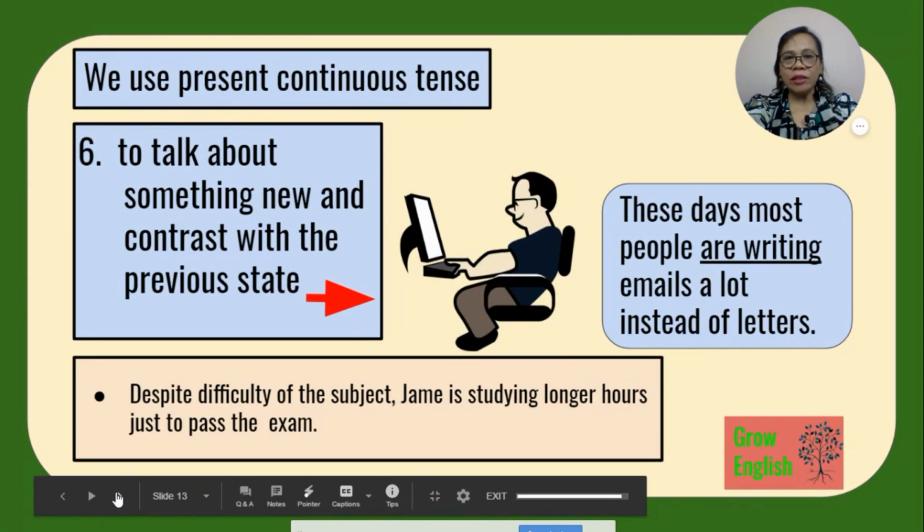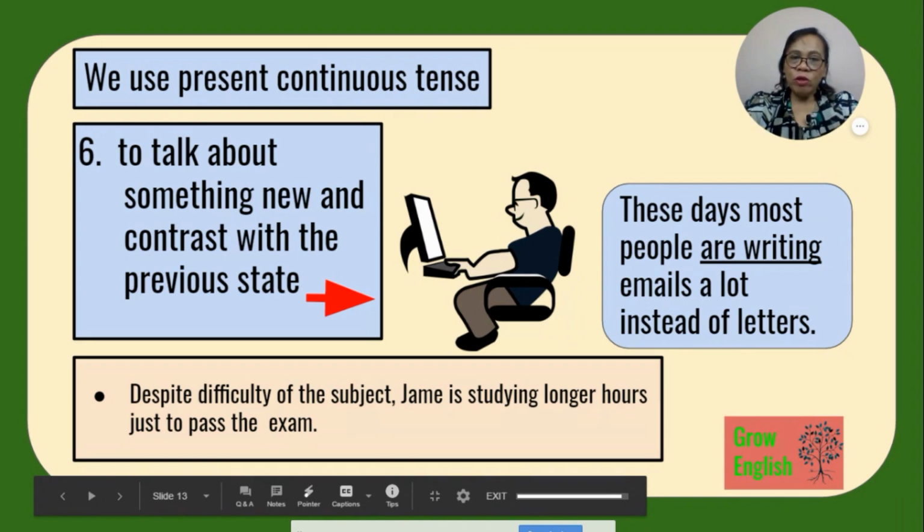We use the present continuous tense to talk about something new in contrast with the previous state. So there is what you call comparison here. All right. As for the sentence, we have: these days most people are writing emails a lot instead of letters. So this sentence is comparing what is happening at present to what was happening before.